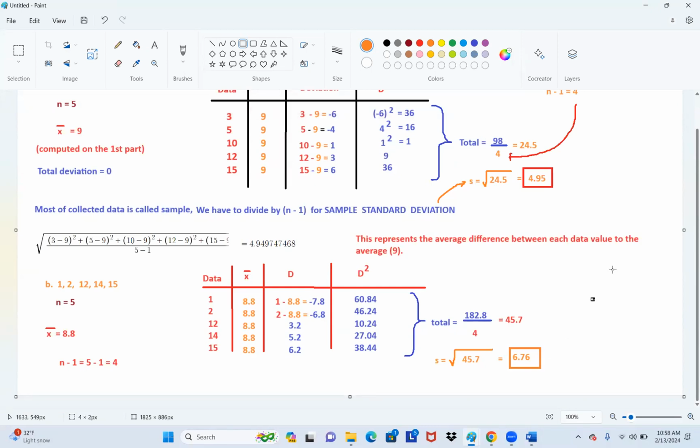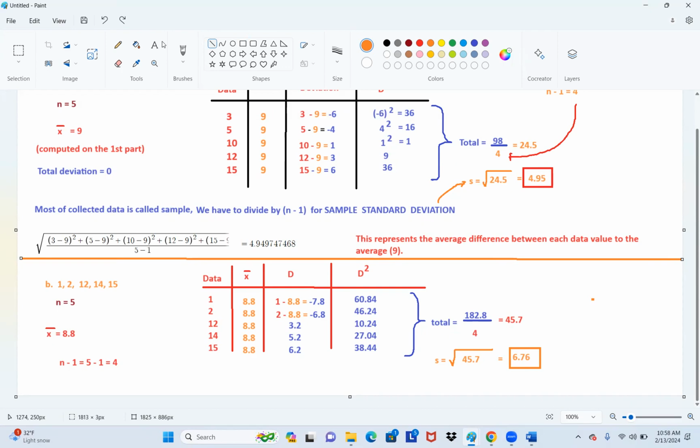So, like I said, the second data set generates a bigger standard deviation compared to the first one, right? Because 6.76 is greater than 4.94.